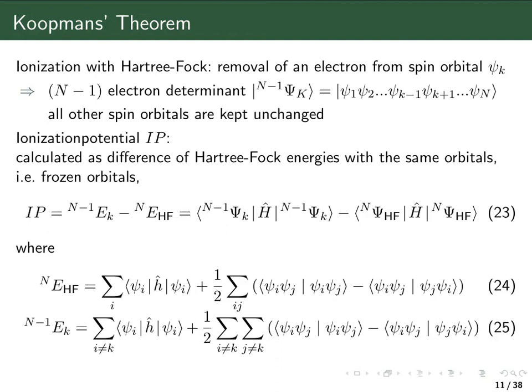And in this simple Hartree Fock-based approach, where we keep the orbitals frozen, we describe the n-electron system with the normal Hartree Fock energy, and we describe the energy of the n-1 electron system by calculating the expectation value of the Hamiltonian with this n-1 electron Slater determinant, where we just have removed the spin orbital psi k. So it's the difference between this expectation value and that expectation value.